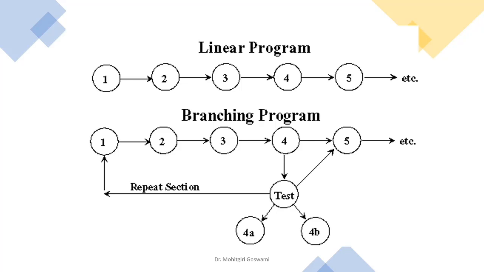We will compare here linear program with branching program. In linear program, the student will be directed to the first frame. There the content will be very low, and the difficulty value will be very low. He will have a question over there.